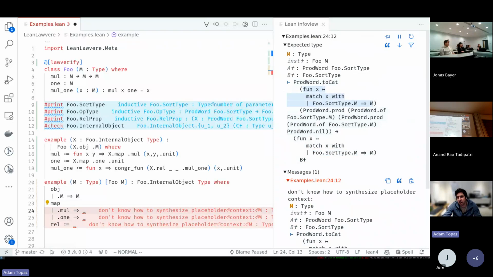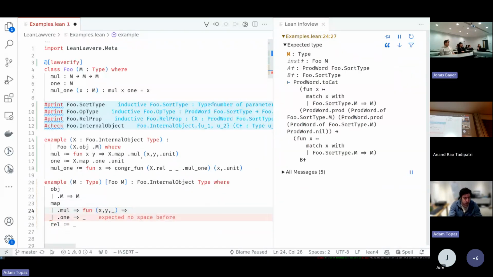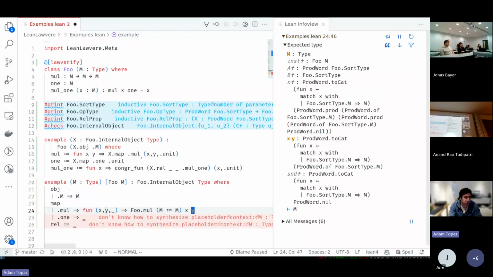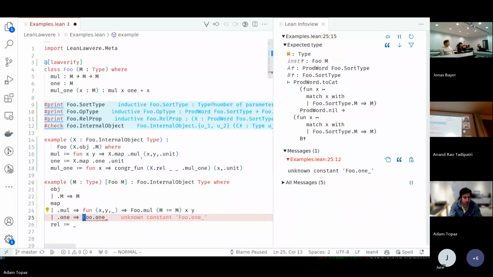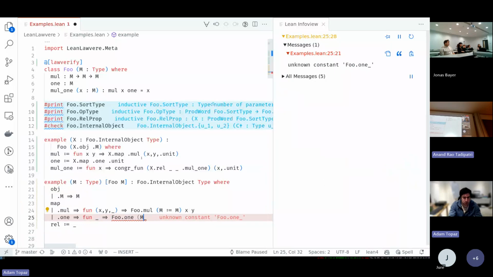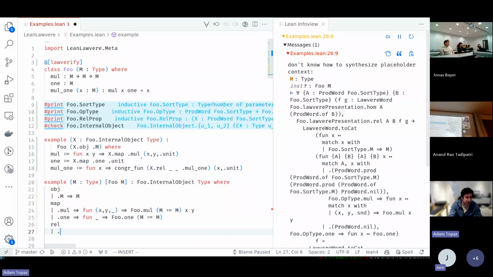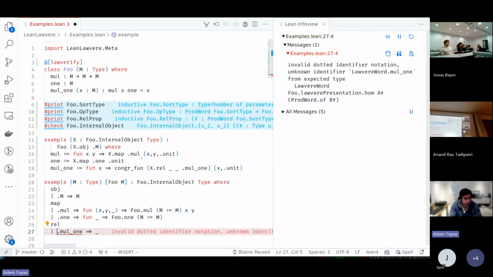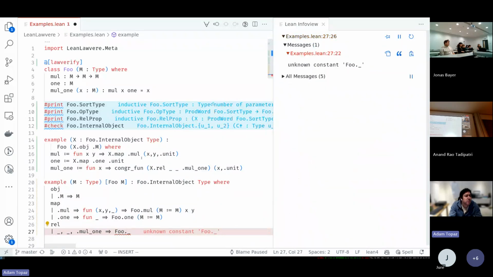Mul should be fun xy to foo mul M is M xy. 1 is going to be foo 1 and M, and then rel is going to send mul 1 to foo, what's it called?